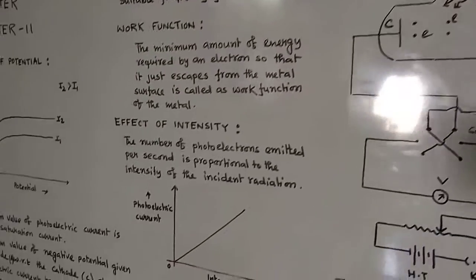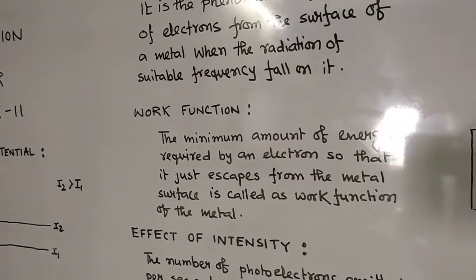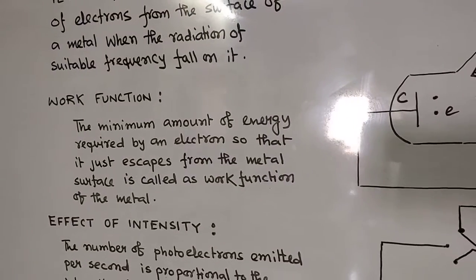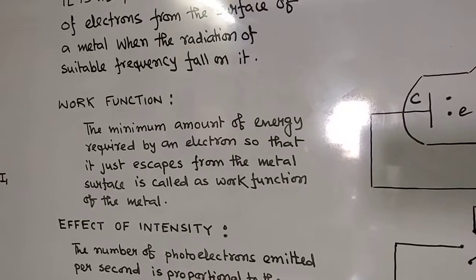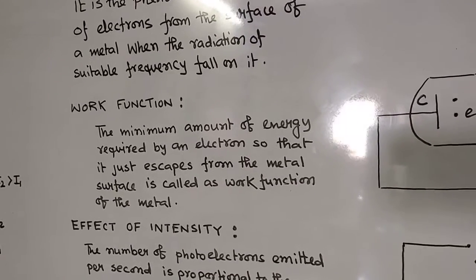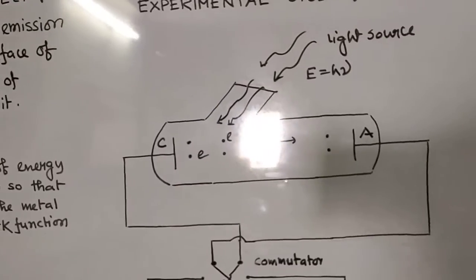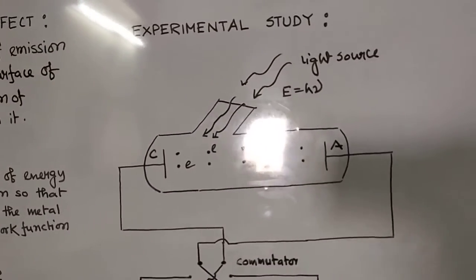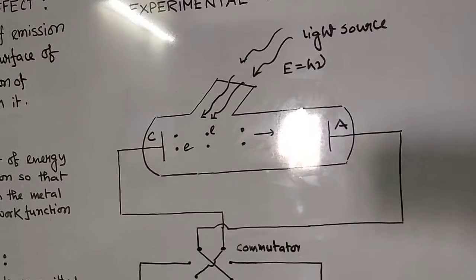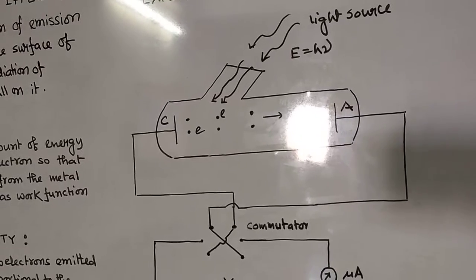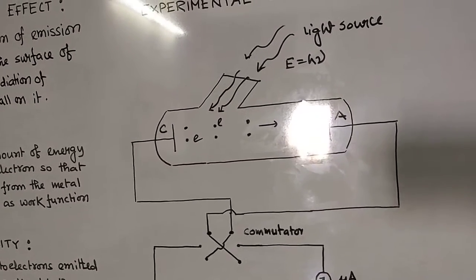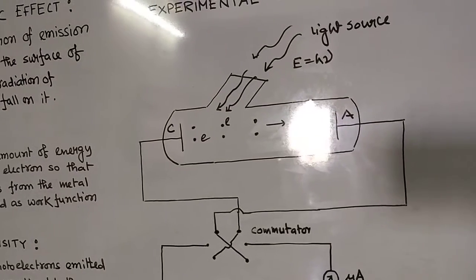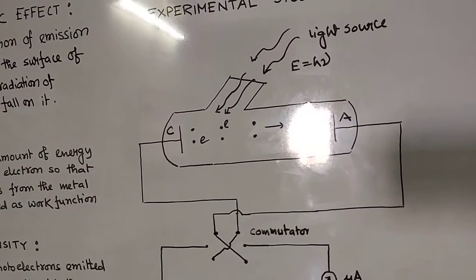Now you see the first term which we have to know is the work function. The minimum amount of energy required by an electron so that it just escapes from the metal surface is called the work function of the metal. Now it is not possible for light whose energy is less than the work function of the metal available on the cathode, that photosensitive surface, to emit electrons.